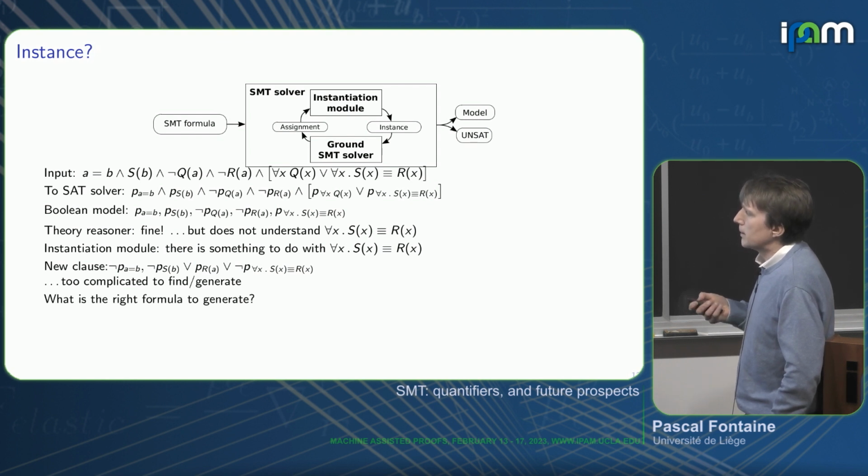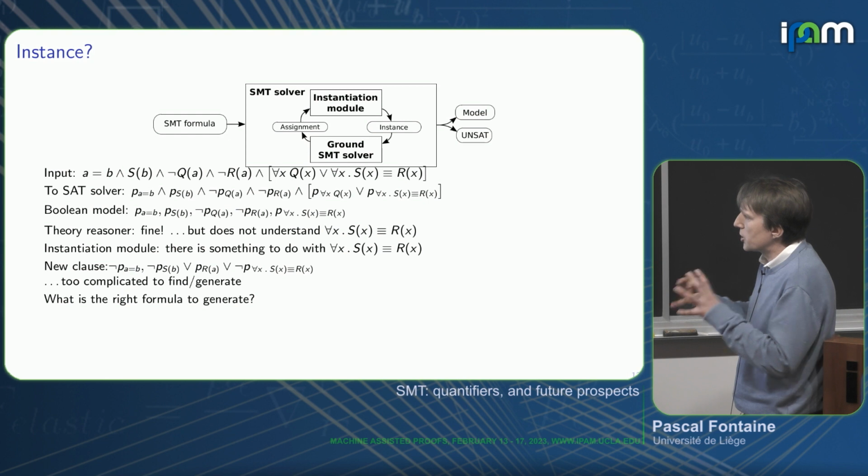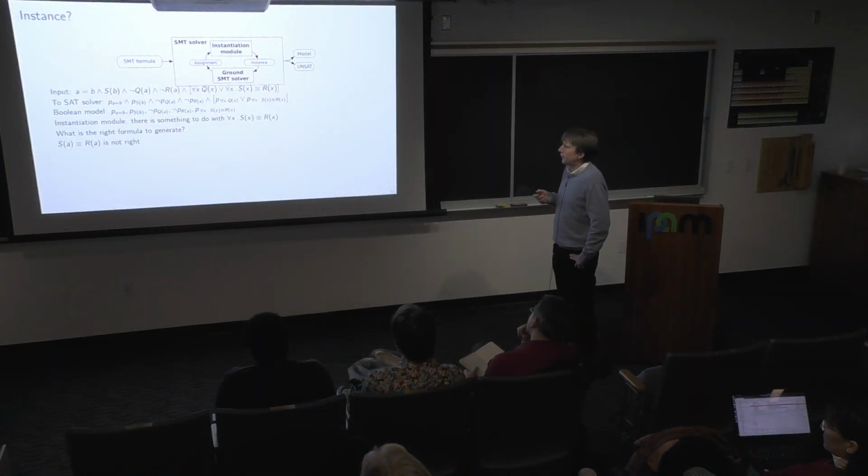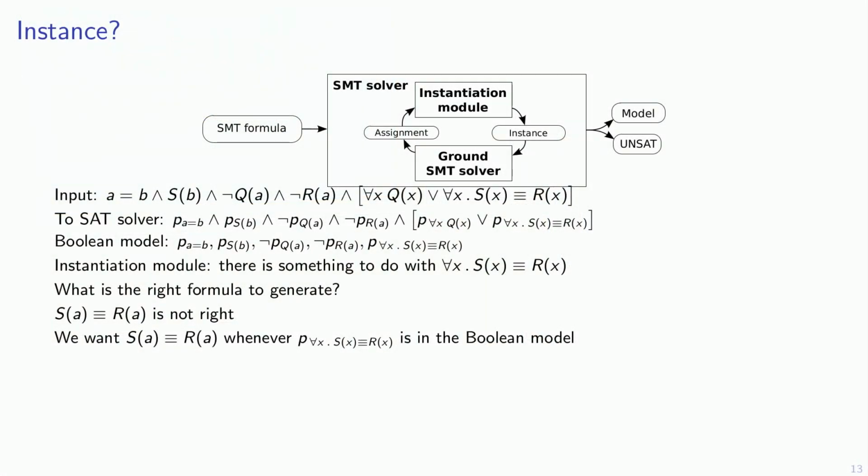But it could tell me something, which is more local, which is just that if we have this true, then I cannot have S of A true and R of A false, sorry. So it means that whenever this is true, S of A must be equivalent to R of A.